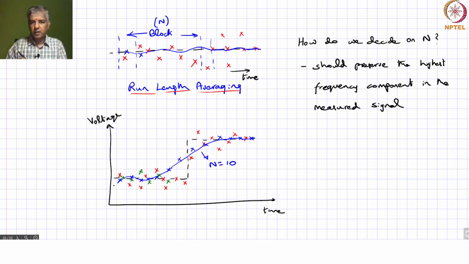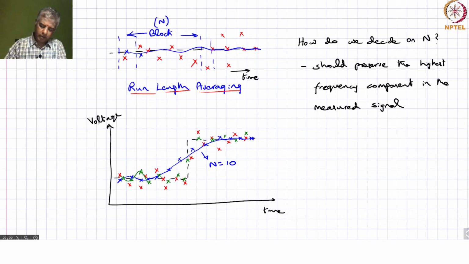Since you are adding only a smaller number of values, your signal to noise ratio improvement is not going to be as much as in the case of n equal to 10. But what you gain in this process is that the transition is relatively well preserved.